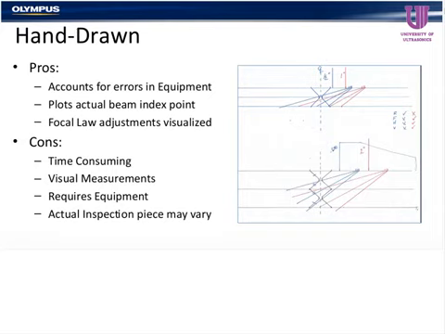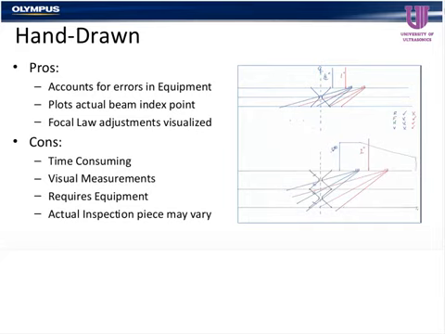So if you want to hand draw a scan plan like you see here on the right, it requires you to take physical measurements of the part and translate that onto a to-scale drawing. Here on the right, you're looking at two different hand-drawn scan plans, one for a half-inch joint, one for a 1-inch joint.